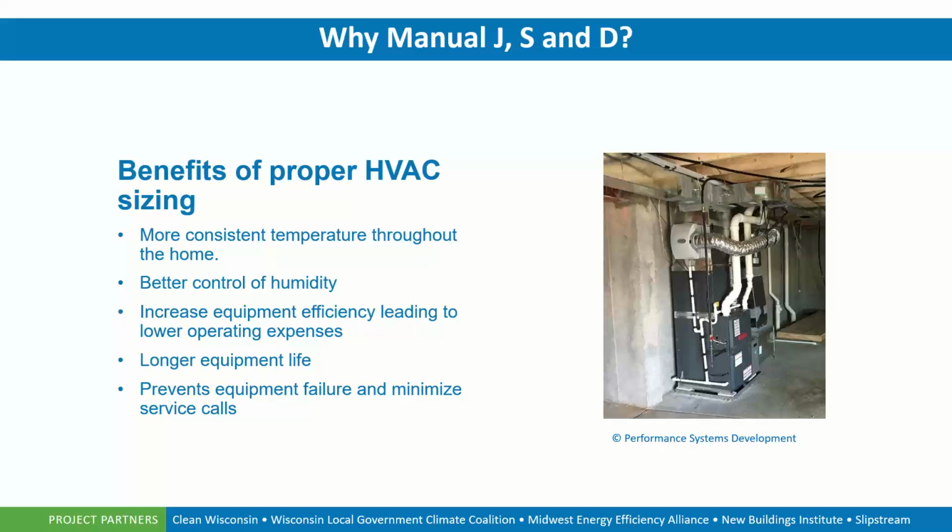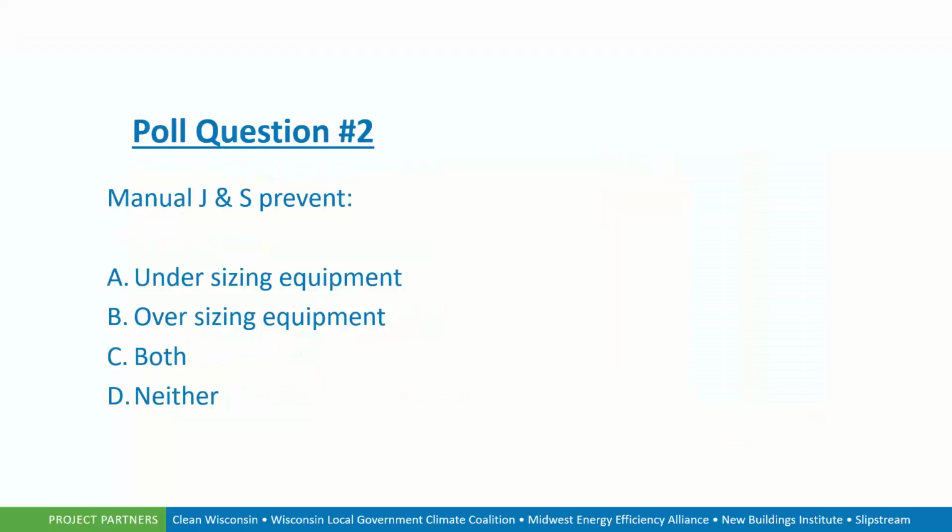We can prolong the life of the equipment because it's running at maybe a lower speed or lower intended capacity for a longer period of time or continually, and that's easier on the equipment and better for the equipment. And of course, when everything is properly sized and properly operating, all we would have is maybe annual maintenance, minimizing these service calls. That brings us to poll question 2.